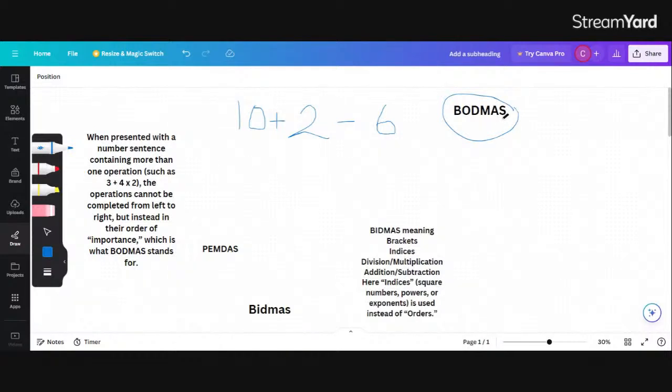Don't go for 2 minus 6, then 10 plus the outcome. You don't do it that way. Remember that the two operators you see here are of equal importance. Then just do your calculation from left to right.